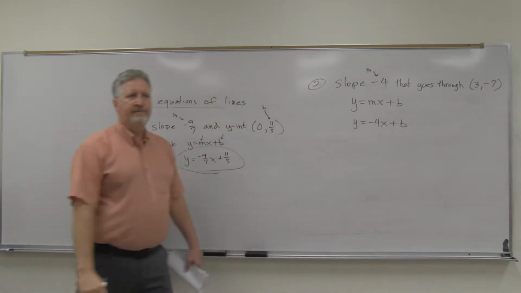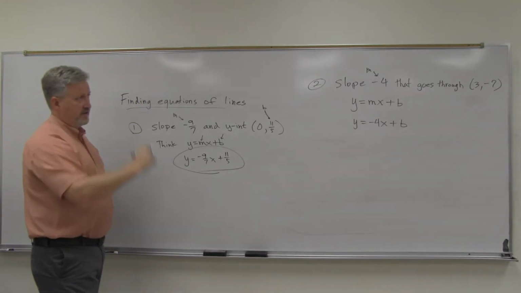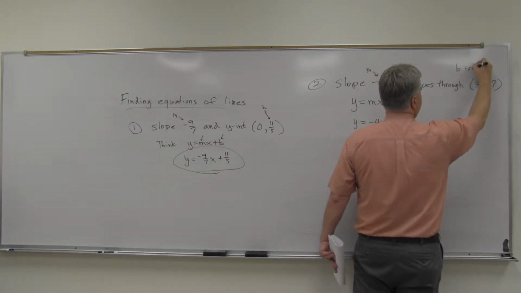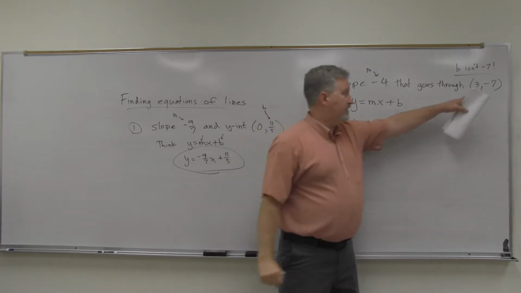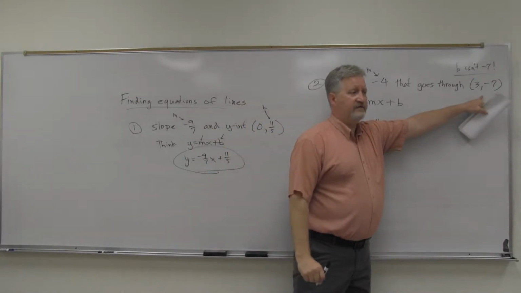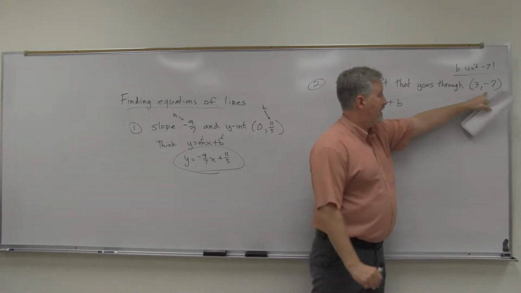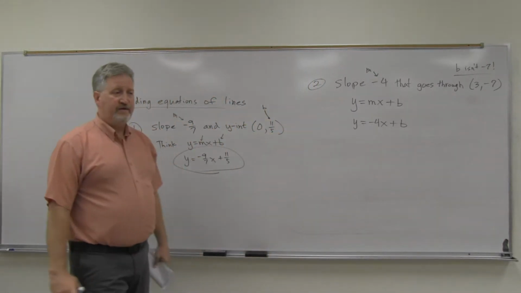Let's put that in. Unfortunately though, I don't have the b. Why is b here not -7? Is that the y-intercept, (3, -7)? That's not on the y-axis, is it? That is not b. So the b here is not -7. Unfortunately, we don't have the b.